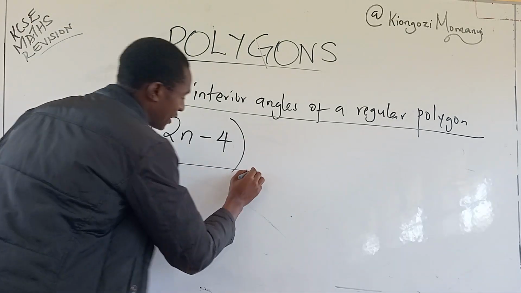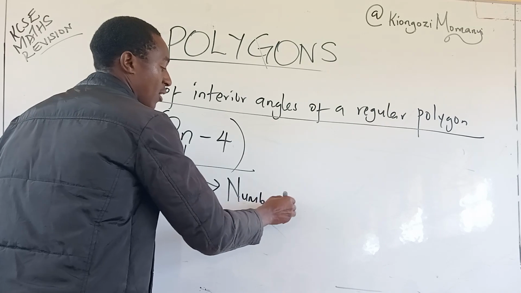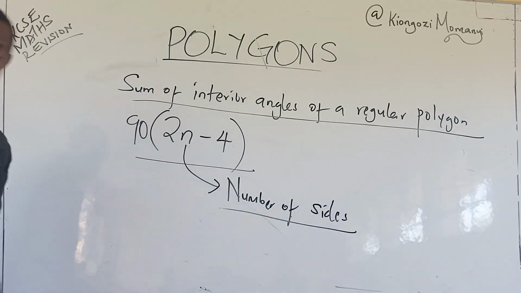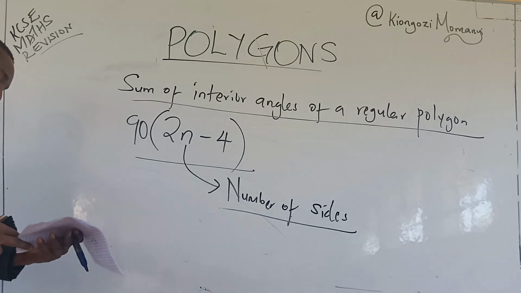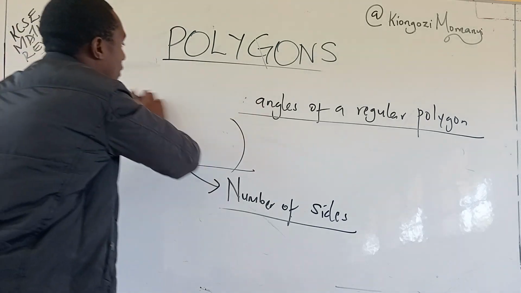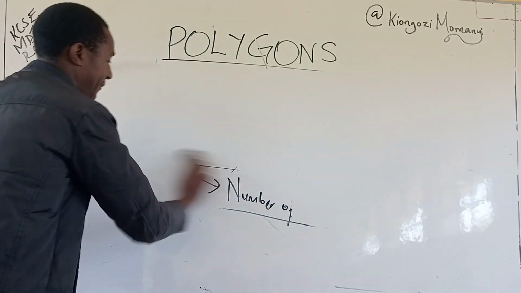Remember, n stands for the number of sides of that polygon. I have two examples, and I'm very sure they are going to apply all the formulas I've given you.